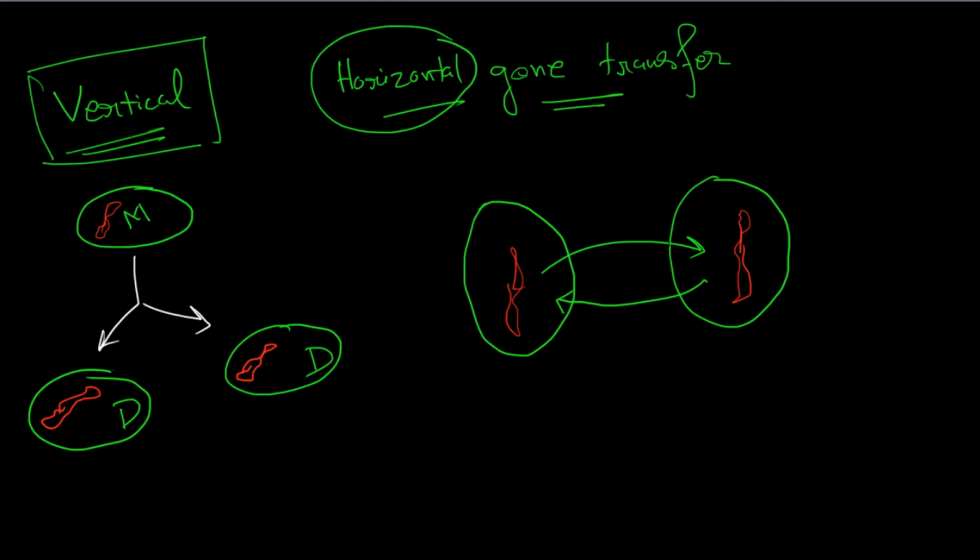But in horizontal gene transfer, the process is between two bacteria of the same generation. There are various types of horizontal gene transfer, and transformation is one of them.